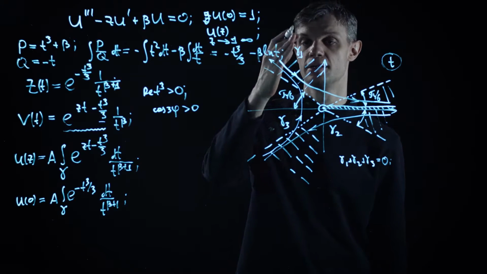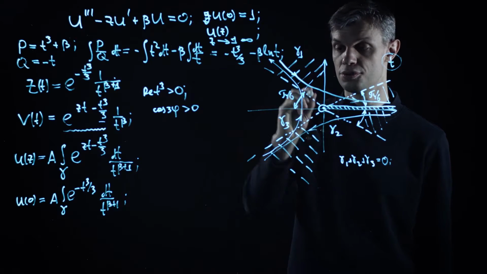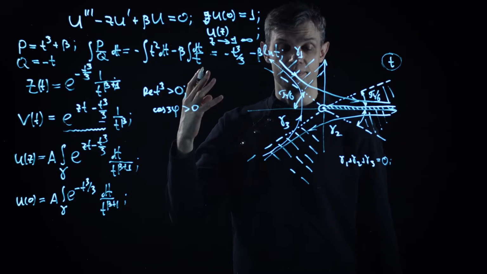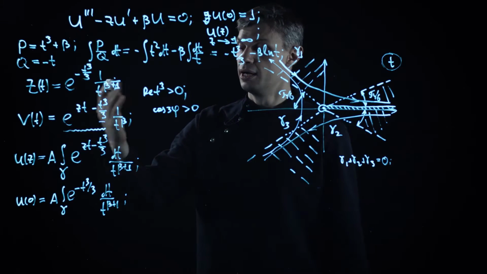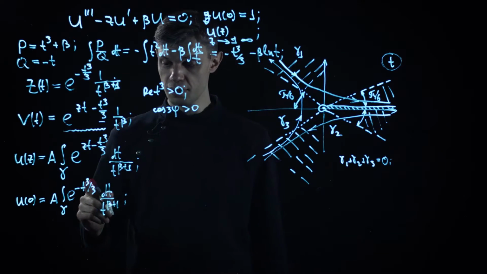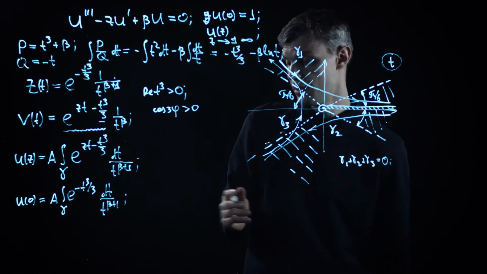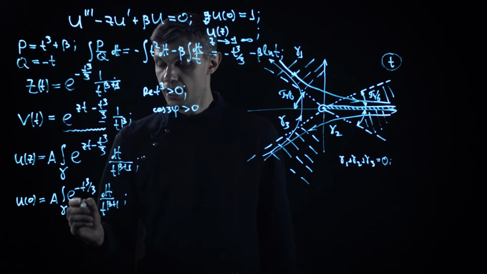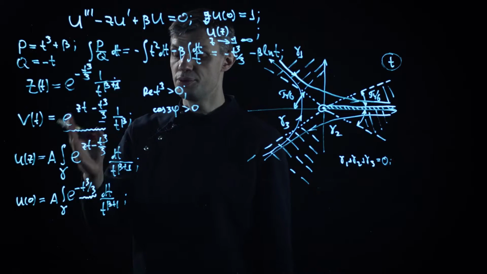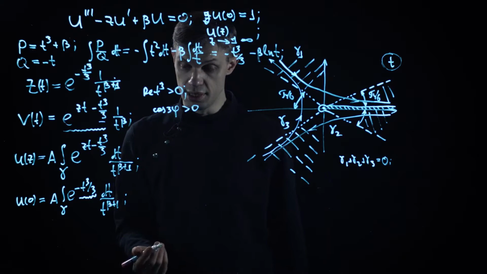For example, let's take contour gamma 1. Obviously, it can be deformed into a combination of two straight lines. The question is, what would be the best placement of these straight lines to simplify the computation? First of all, if the integral is taken from 0 to plus infinity, then it's just a gamma function. As long as the exponent is purely real, the integral is very easy to evaluate.